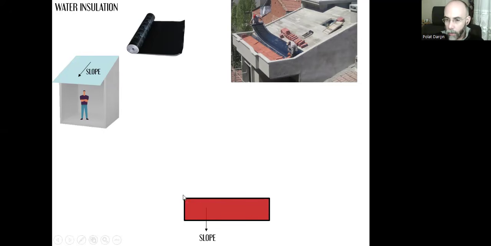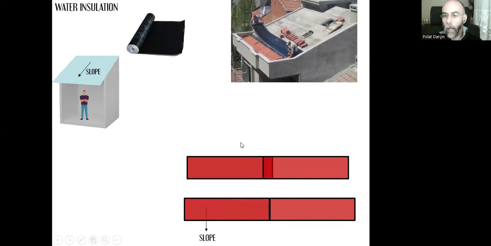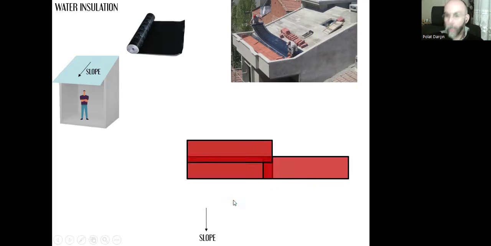I place the first sheet, and once it's finished, I don't do two sheets to be combined end to end like that, because when I do that, I create a higher risk of water leakage. Instead of combining them end to end like this, I need to overlap the second piece over the first one like this. They need to overlap for 10 centimeters. And the first line will be finished.